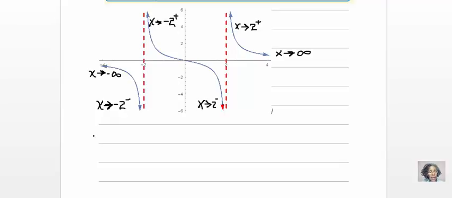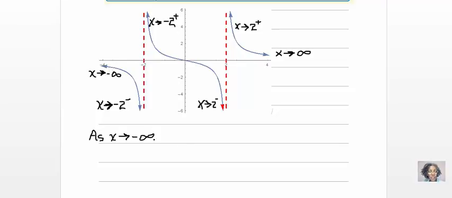One way we would discuss this is we'd say as x goes to negative infinity, we can see that the function is getting closer and closer to the x-axis.